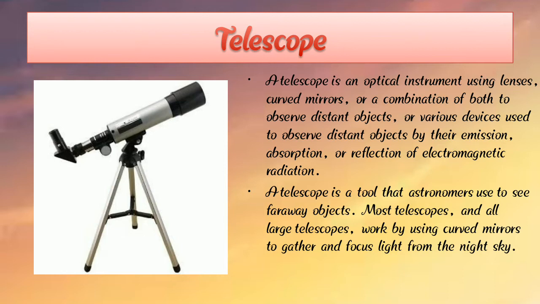So a telescope is an optical instrument using lenses, curved mirrors, or a combination of both to observe distant objects. Children, a telescope is a tool or an instrument that is used to see in the sky.